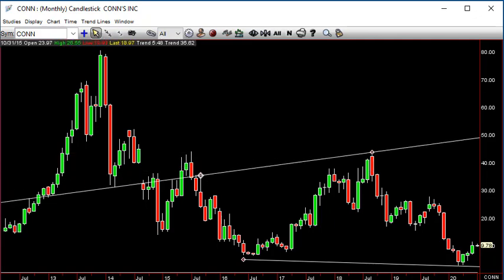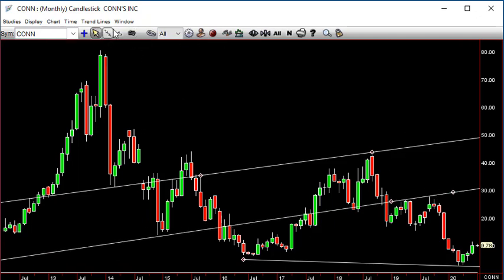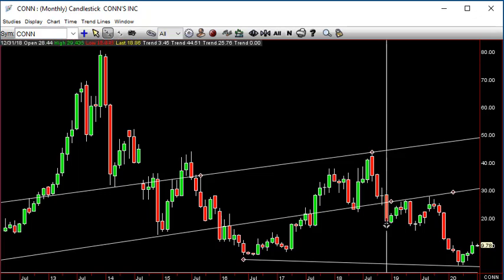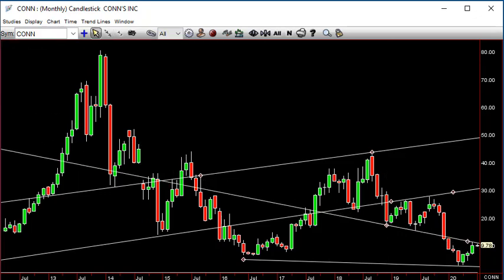There you go. Once again, pop them up, inside bar, back to previous range after making a slight higher high, and boom, different series, see? Like so.